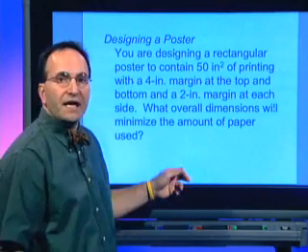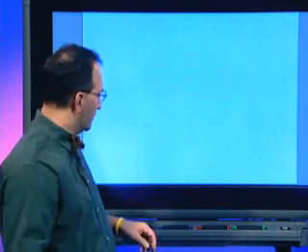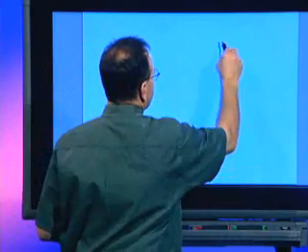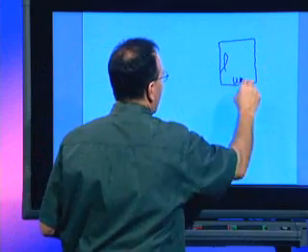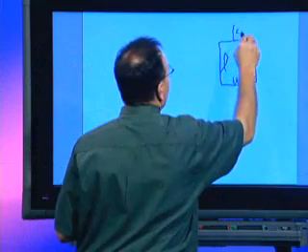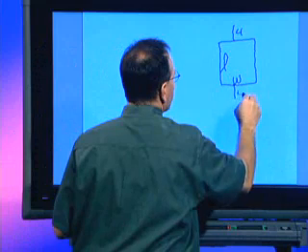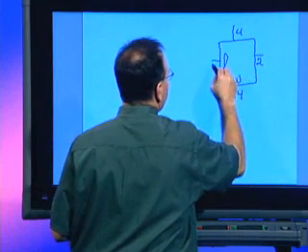I think it's best here if I draw a picture to help describe what we're trying to do. We've got the inside writing area of the poster, and so we have L and W. But now what we know is that we have to have a 4-inch margin on the top, a 4-inch margin on the bottom, and a 2-inch margin on each side.